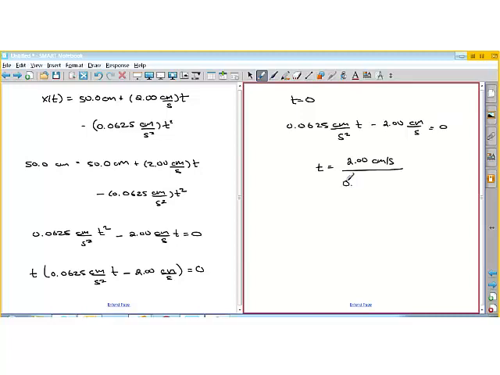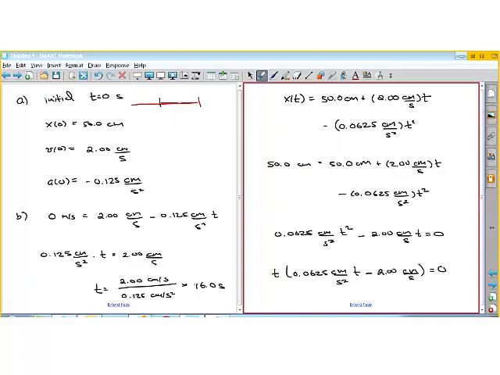I'm moving this to the right-hand side and then dividing by the coefficient in front of t. And again, you see the units work out because what we have is centimeters per second, and I multiply by the reciprocal. So these cancel out. You get seconds.